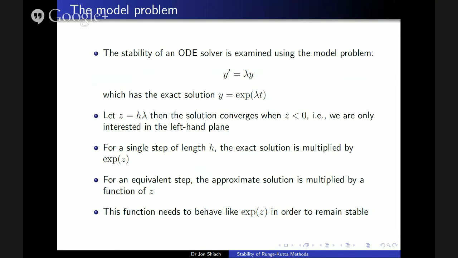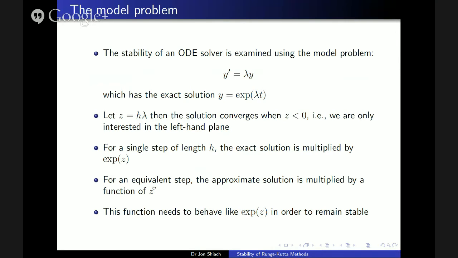So when we look at the stability of explicit Runge-Kutta methods, we want what we call a stability function to behave like this function here. This is the model problem. This is what we want. What we get might not be what we want, but that's stability.